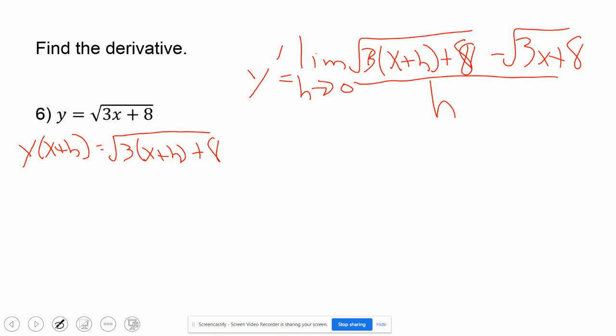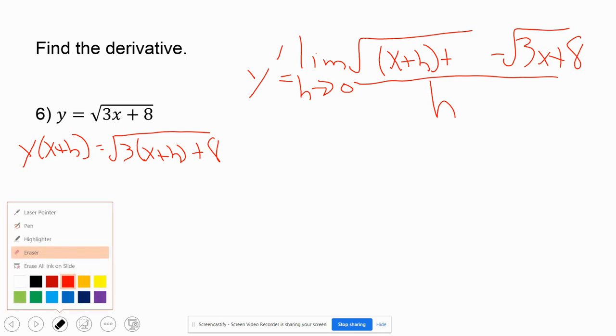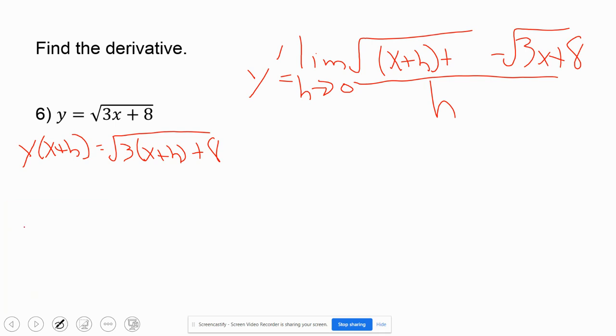Now, this is a problem where you would have to multiply by the conjugate. I'm going to clean this up a little just so it looks better. There's my 8. So my conjugate is the square root of 3 times the quantity x plus h plus 8, plus the square root of 3x plus 8.